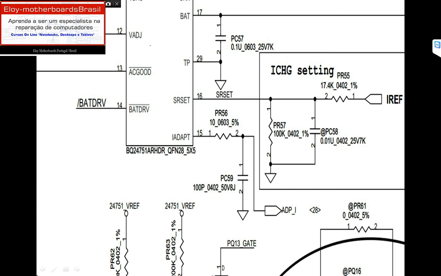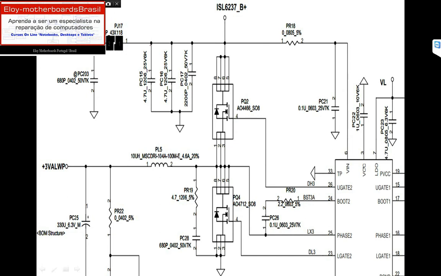For this PU4, this BQ24 charger IC, the function is that it needs to receive the voltage coming from the DC jack or the battery on pin 6. Let me just show you.